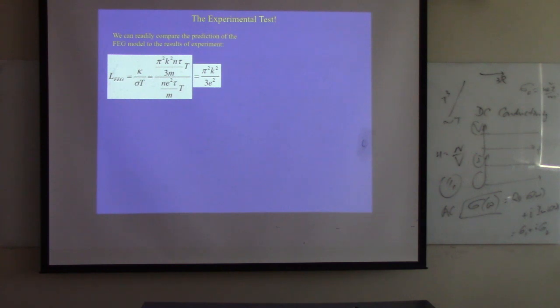Actually, this kappa is really two components, right? If you take kappa divided by sigma, you have the phonon part plus the electronic part. So if you divide everything by sigma, this is the part we are talking about here, the electronic part. You cannot do anything about that, but you can work on this part, right?